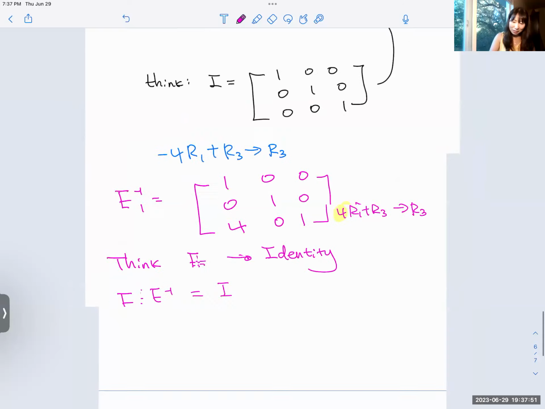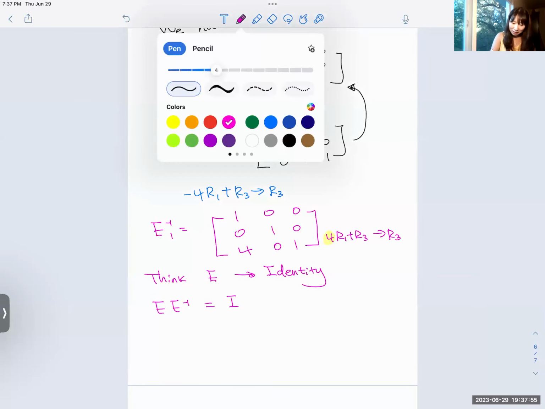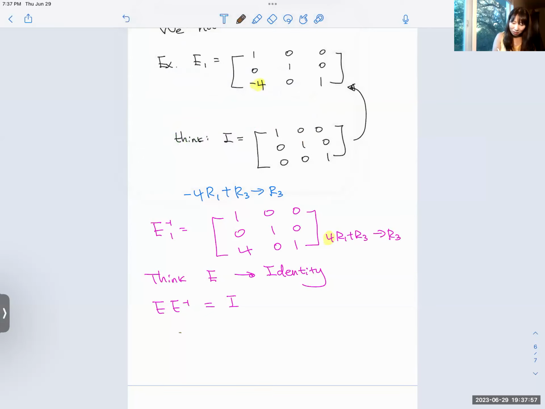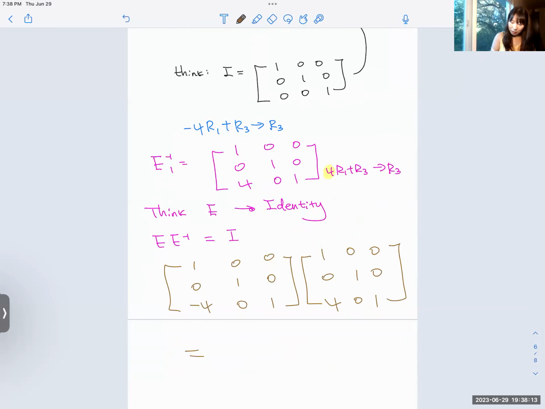If we multiply those two matrices, it will go back to identity. Okay, there will be the identity, which is 1 0 0, 0 1 0, 0 0 1.